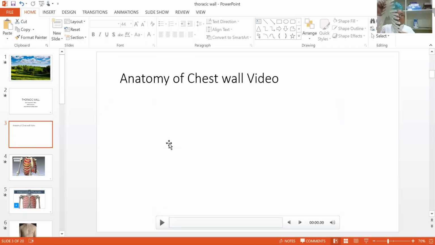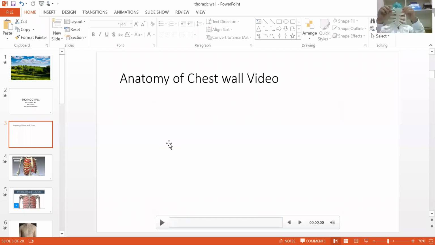The last three, 8, 9, 10, are joining together, forming the costal cartilage, and they are not attached to the sternum directly, but by costal cartilage. And the remaining two are the floating ribs.